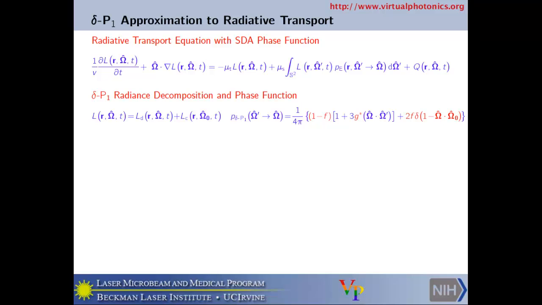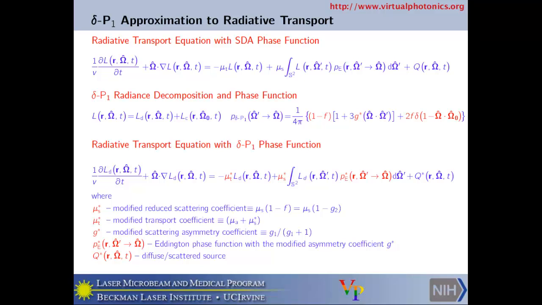And what that allows you to do is approximate the phase function with better fidelity. So if you just take these 2 general expressions for the radiance and for the phase function and put it into the radiative transport equation, you get a slightly different equation.